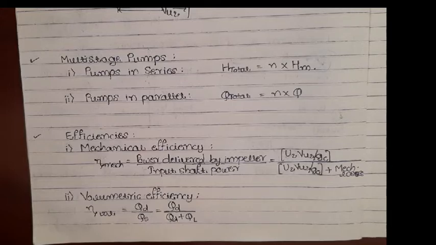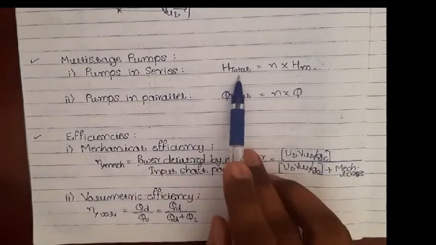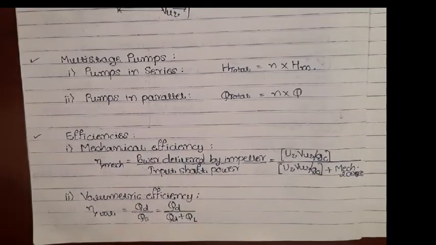Similarly, when we arrange those pumps in parallel, we get a very high amount of discharge, because the discharge gets added up and will increase automatically. So that is about the multi-stage pumps.